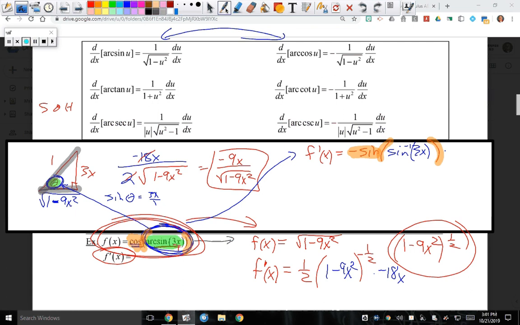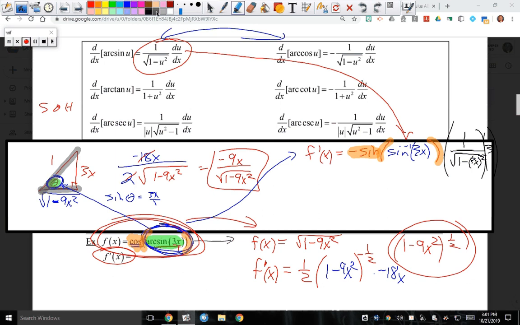So now, in case you forgot, that's the derivative rule for arc sine. So I would multiply it with 1 over the square root of 1 minus 3x squared times what? 3. Okay?